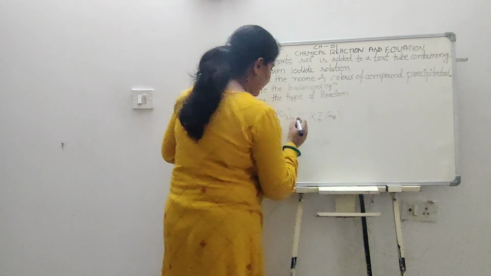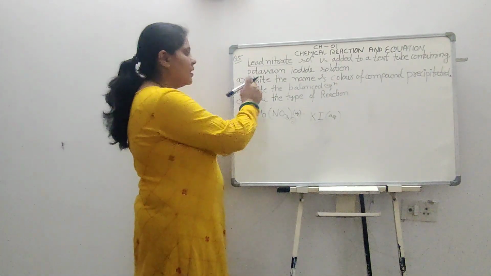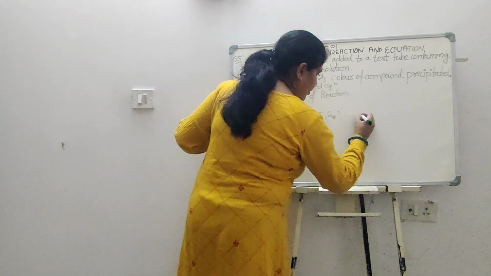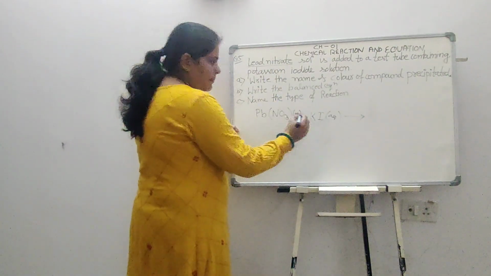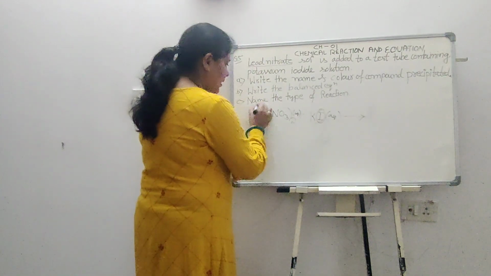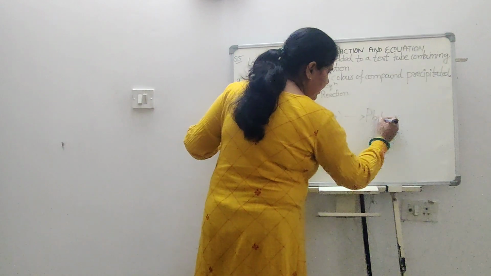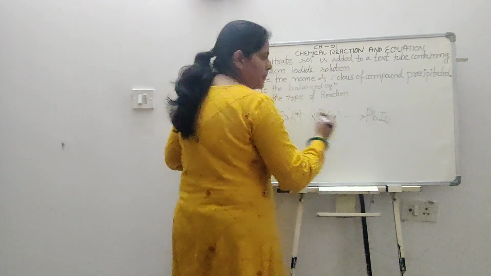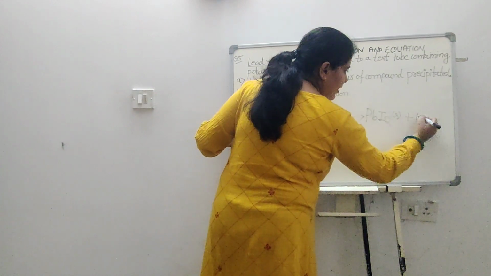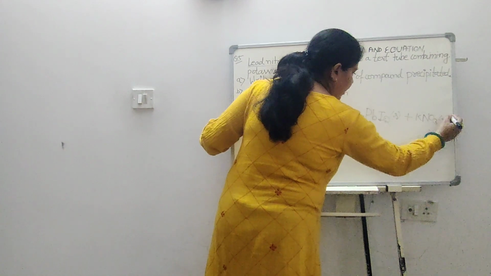You are taking aqueous solutions, so here also you mention aqueous. Now write the name and color of the compound precipitated. During this reaction a chemical reaction takes place between iodide and lead. You get the product lead iodide, PbI2, which is solid, and another product, potassium nitrate, KNO3 aqueous.